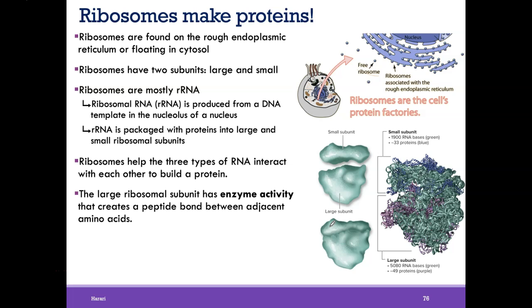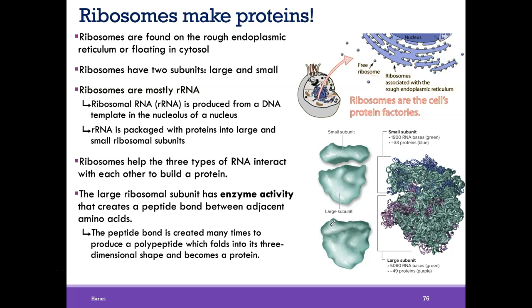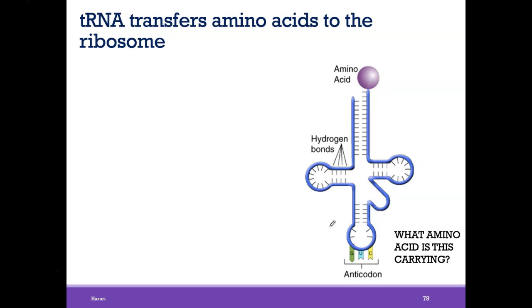So this is an example of an enzyme that's RNA. This ribosome is making peptide bonds between amino acids. That's the reaction it's catalyzing. The peptide bond is created many times to produce a polypeptide, which can then fold into a three-dimensional shape and become a functional protein.